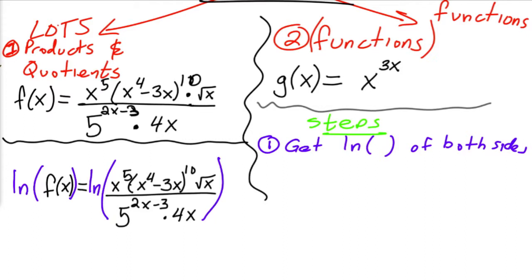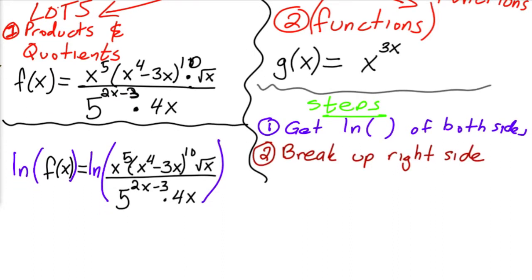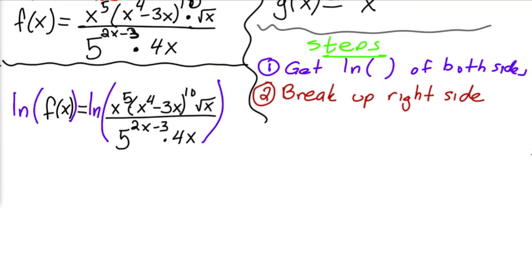Okay, now step 2 is going to be to break up the right side. So you're going to use the laws of logarithms to break this guy up into sums or differences. So let's do that.